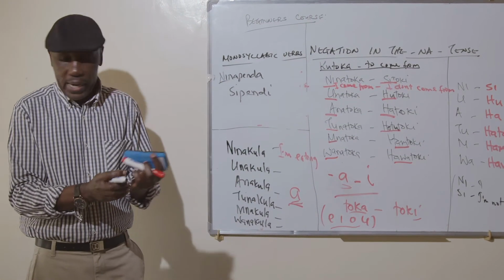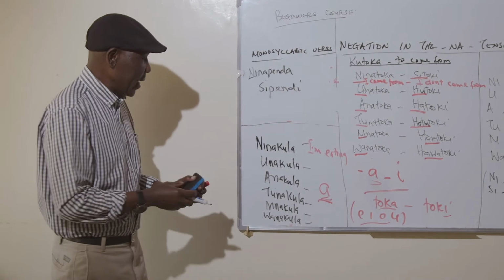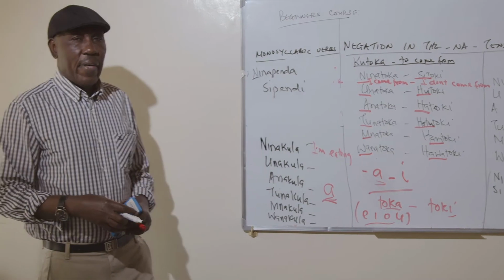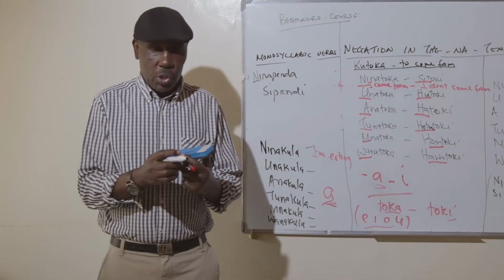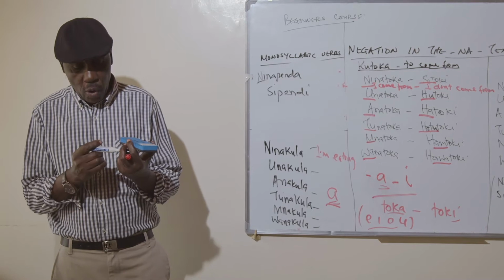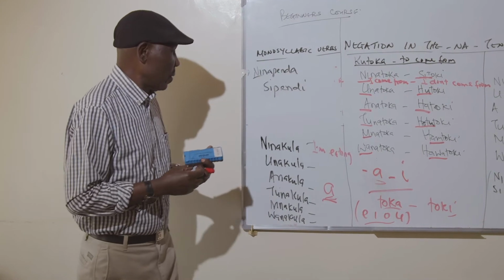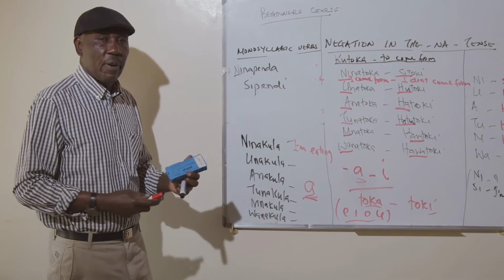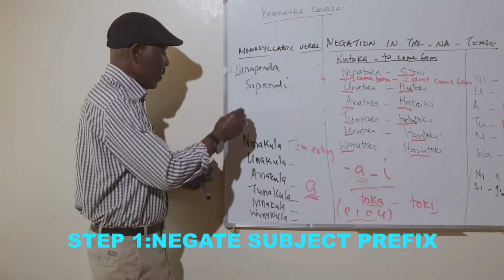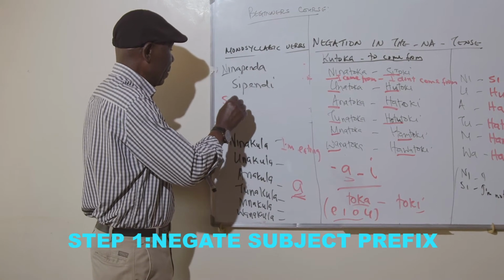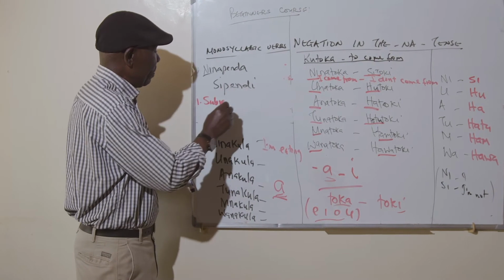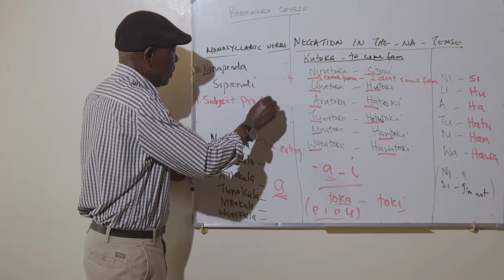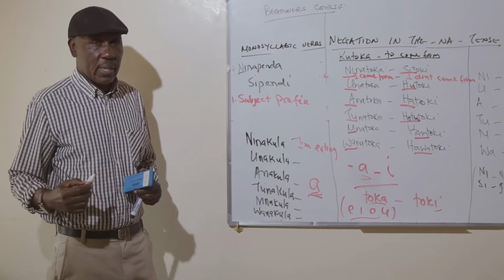I'm going to explain this again. When you are negating in the now tense, there are 3 steps to observe. Step number 1, you negate the subject prefix.